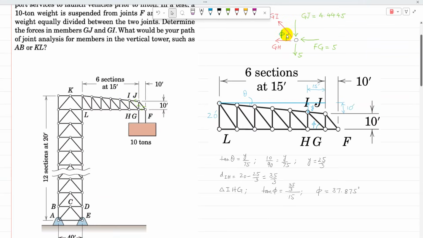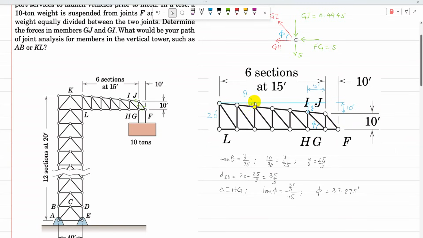To find phi, I'm using the previously drawn figure, but here the angle IGH is phi. So its horizontal length HG is equal to 15 foot, whereas its vertical is unknown. But the left side of the cantilever is 20 foot and the right is 10 foot.